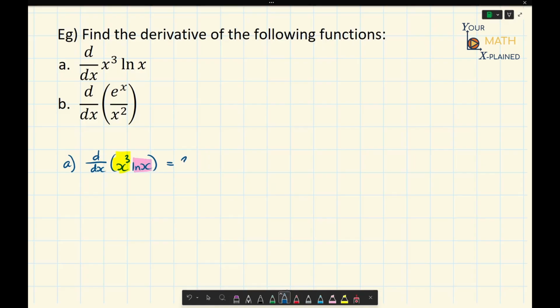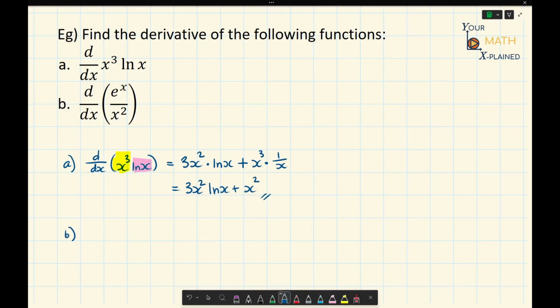So that's going to be 3 times x squared, and then we multiply it by our second function without doing anything to it. Then we're going to add our first function, which is just x cubed, and then we multiply this by the derivative of the second function. So the derivative of ln of x is 1 over x. Now simplifying this is going to give us 3x squared ln of x plus x squared.